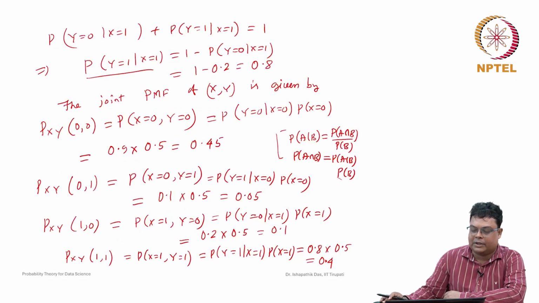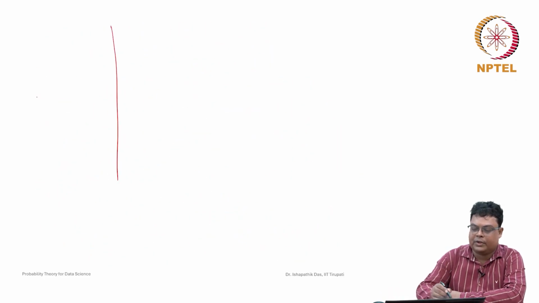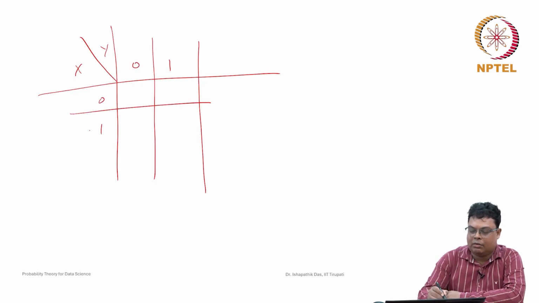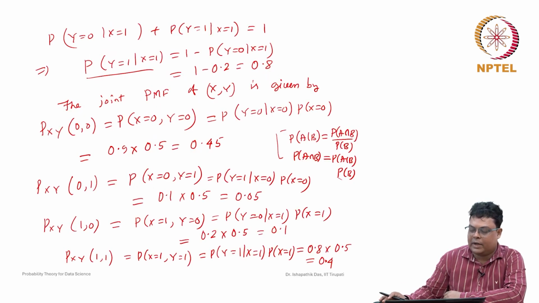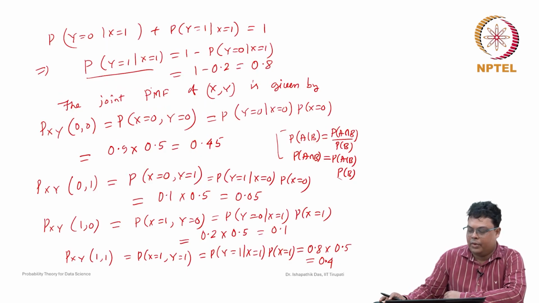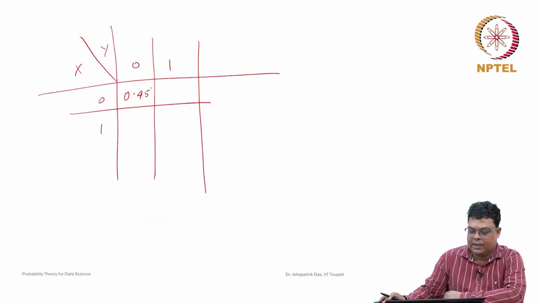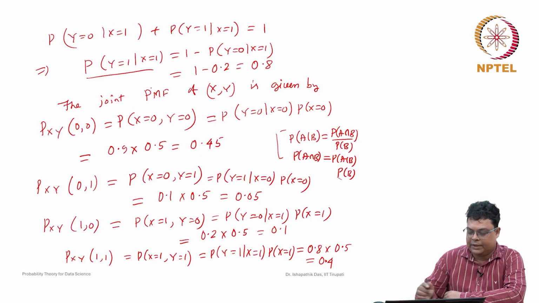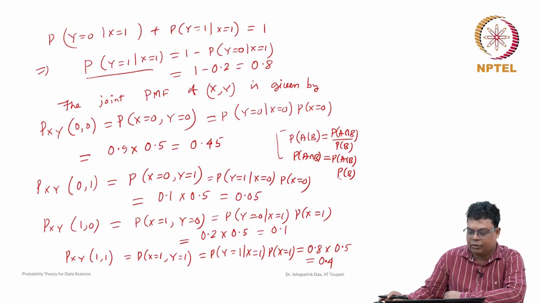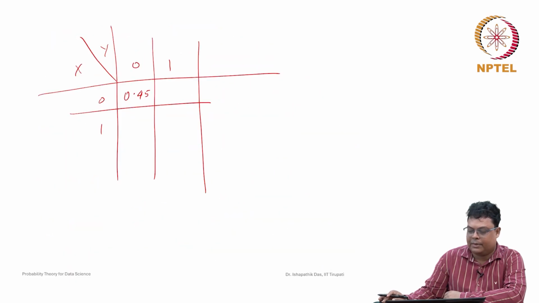This joint probability mass function can be represented like this. Suppose this is x and this is y, with values 0 and 1. Then x equal to 0, y equal to 0 has probability 0.45. x equal to 1, y equal to 0 has probability 0.1. x equal to 0, y equal to 1 has probability 0.05.